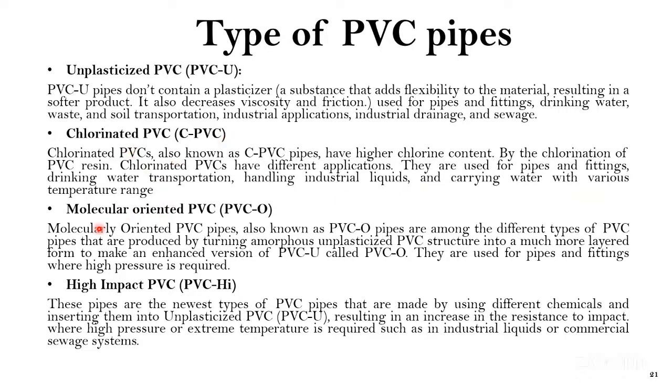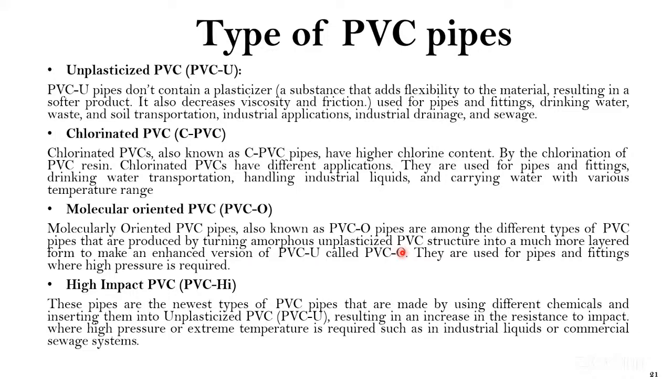Next, we have molecular oriented PVC. This molecular oriented PVC is among the different types of PVC, produced by turning the amorphous unplasticized PVC structure into a more layered, enhanced version of PVCU called PVCO.